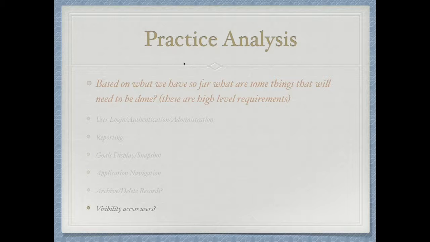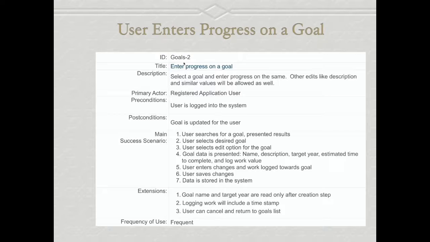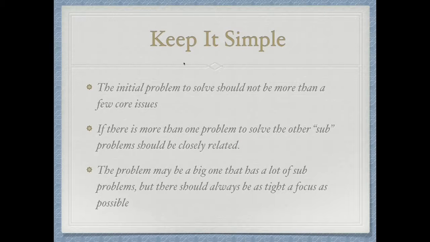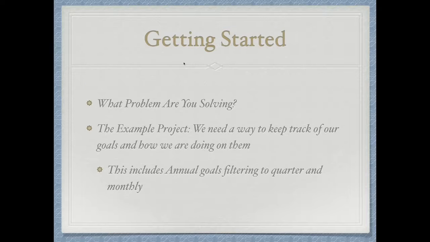Does it point back to that? So for the example of groups, if I can jump all the way back to our main problem, we need a way to keep track of our goals and how we're doing on them. So it's set up as an individual thing. You could grow it into a group thing, but then you've got scope creep.